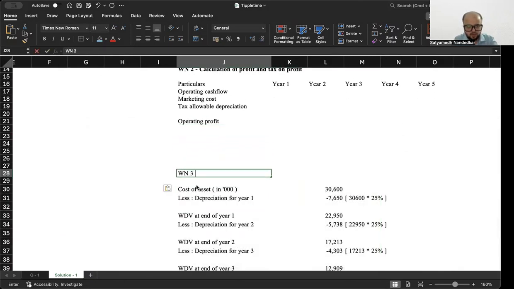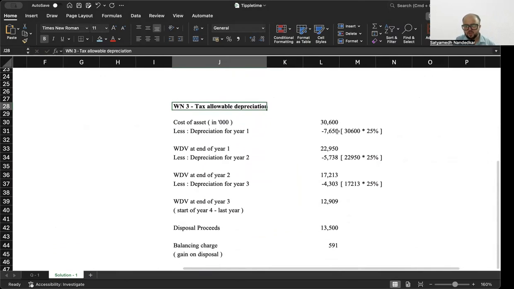This is working note 3, tax allowable depreciation. Okay, so tax allowable depreciation is 25%, 30,600 into 25%. You have WDV of 22,950, another 25% depreciation, 17,213, another 25% depreciation. WDV at the start of year 4 is 12,909.